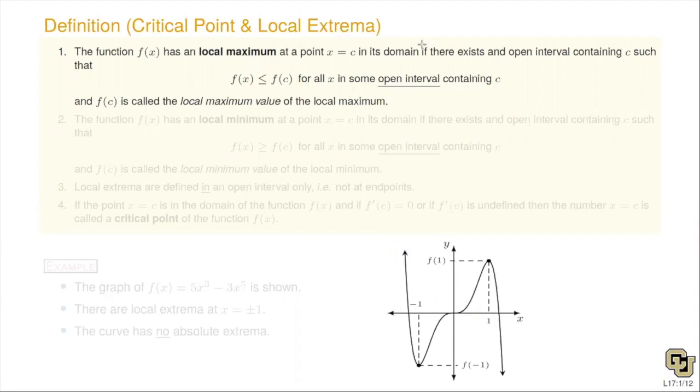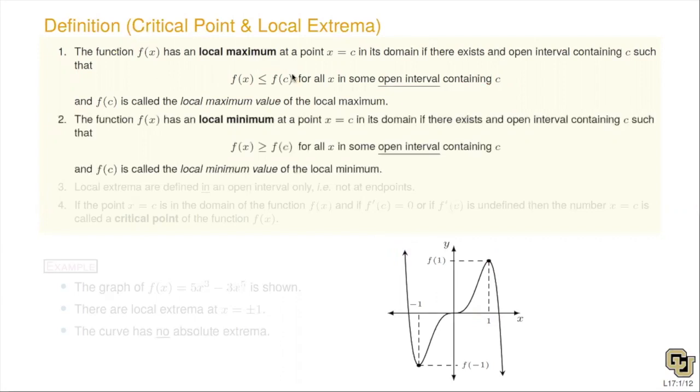And similarly, we can define the idea of a local minimum. And again, the idea of a local minimum is that it isn't the lowest point, but it's the lowest point compared to the points around it. So here you'll see in the graph at -1, we have a local minimum value at f of -1. And again, it's not the lowest point.